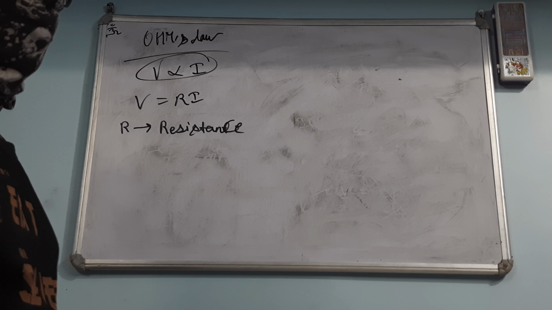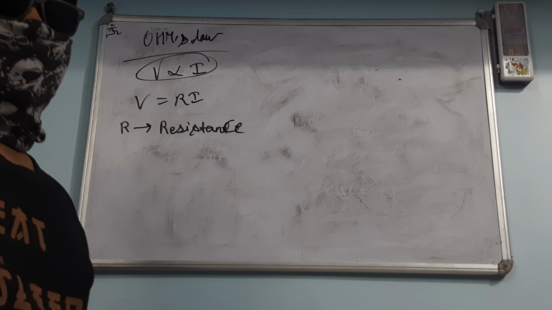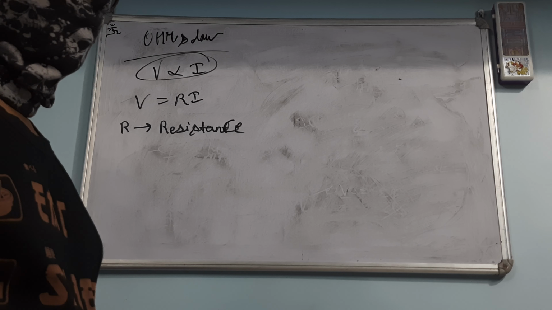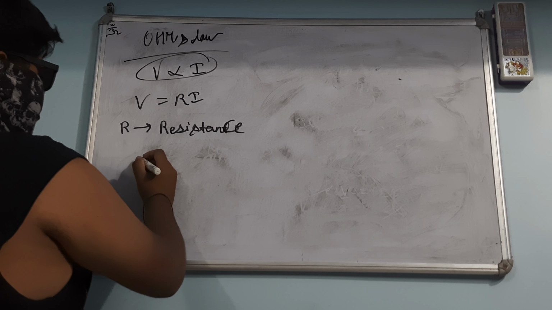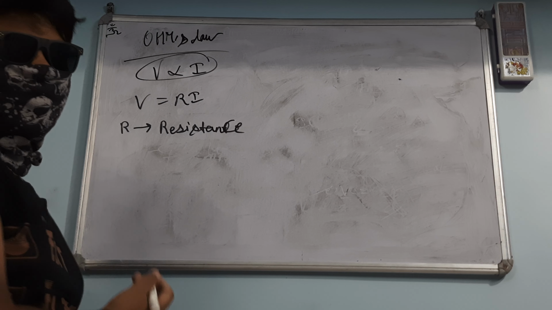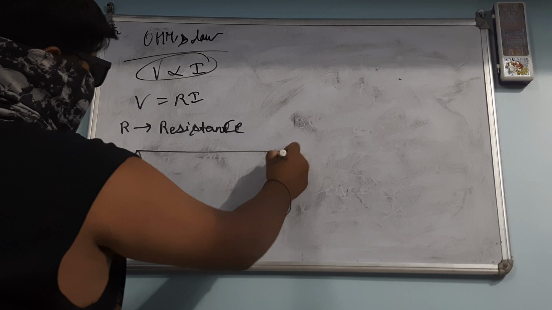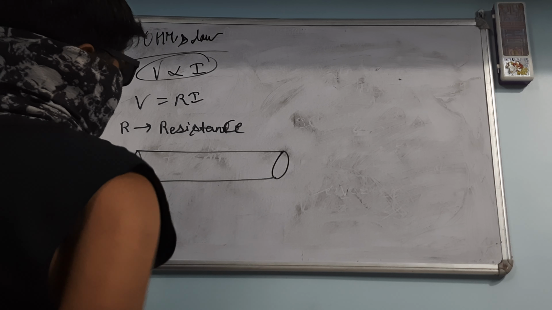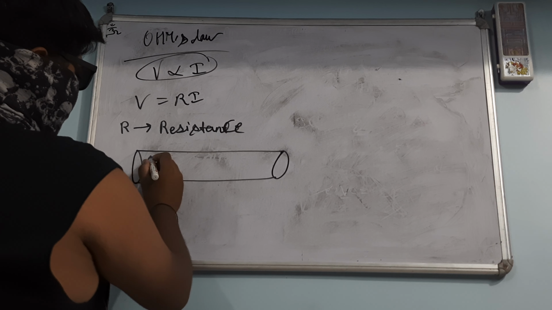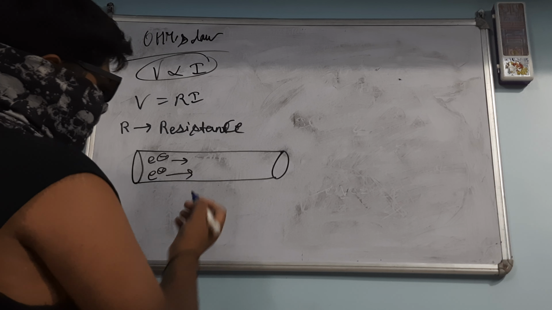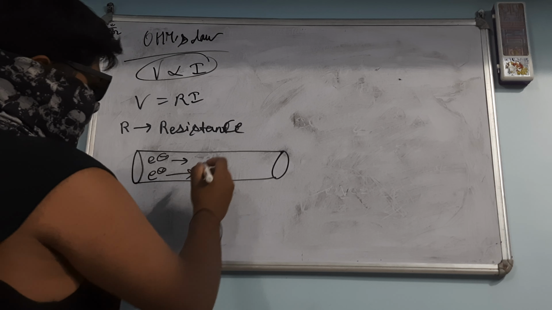Resistance is the property of the conductor material by which it resists the flow of charges, i.e. the current flowing through that conductor. So the resistance also depends on some factors. If this is a wire or medium, let us assume the electrons are flowing like this through this conductor.